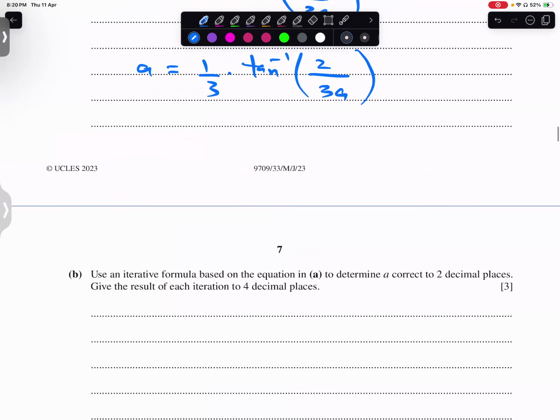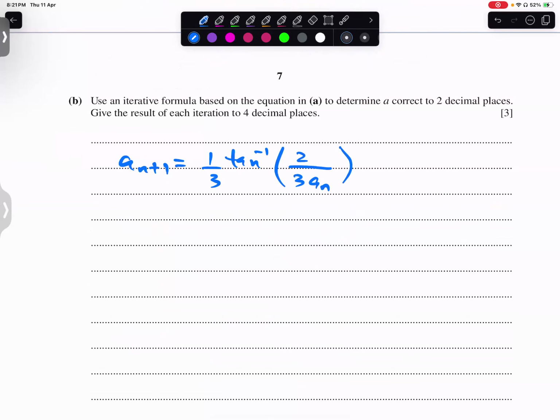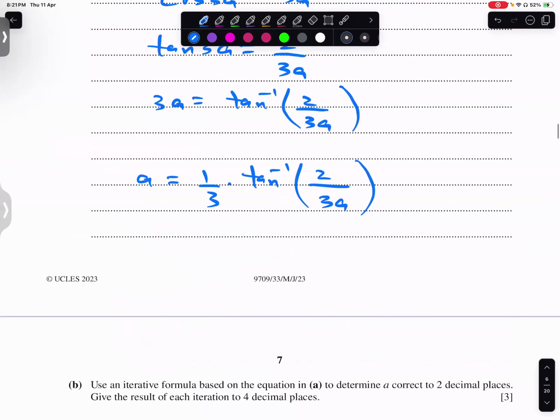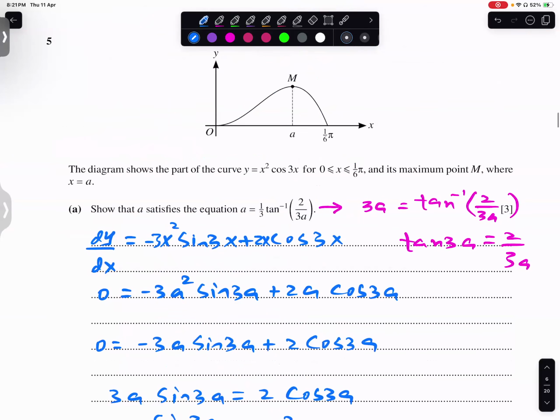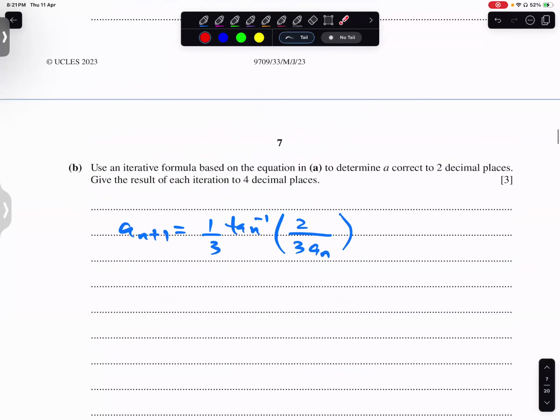So what will you take as a starting point? This is an interesting thing. Let students try to take any value between 0 to pi by 6.